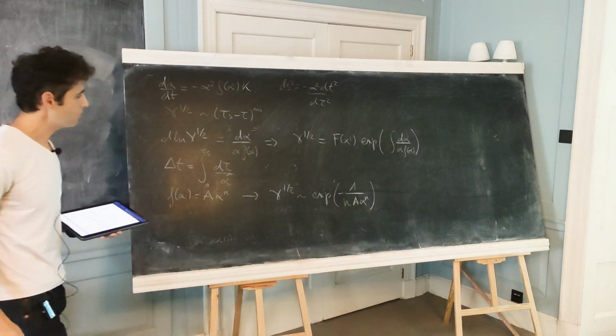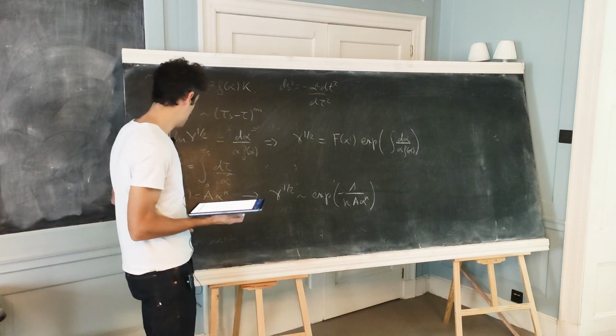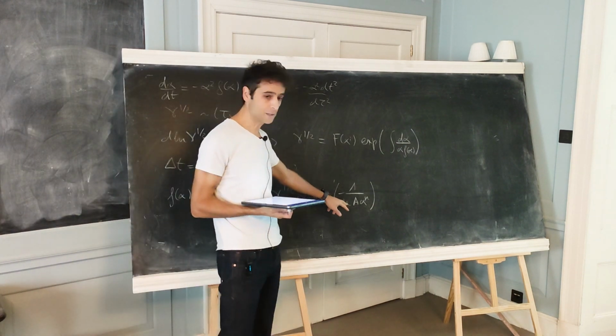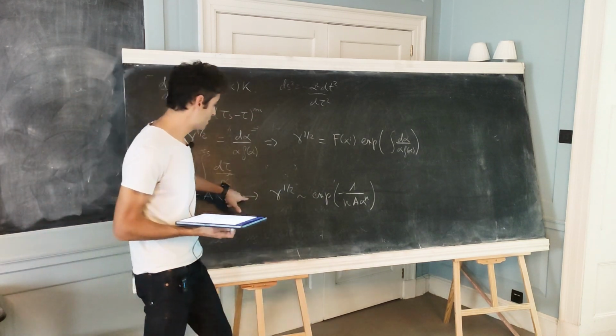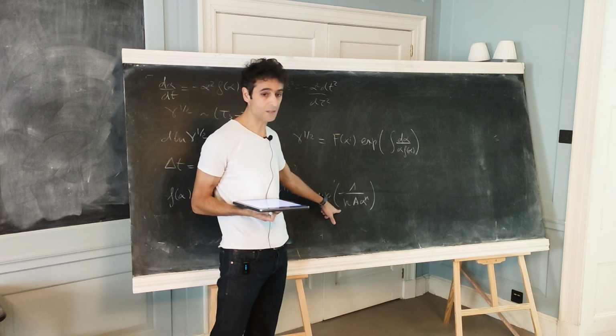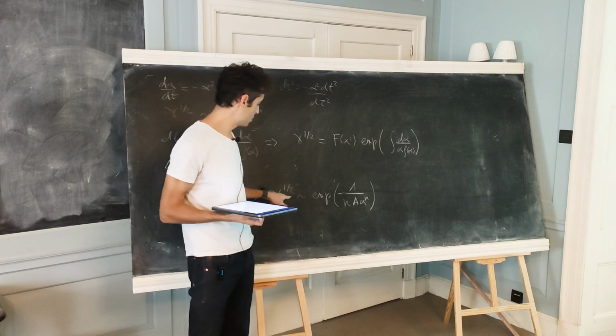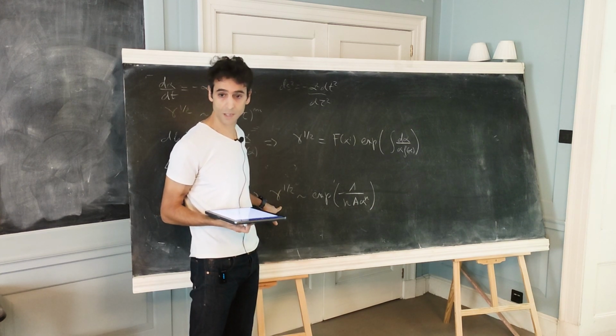So if this power n is negative, then this exponential will remain finite, which means that in this slicing, the volume elements will always remain finite. So you will avoid the singularity.